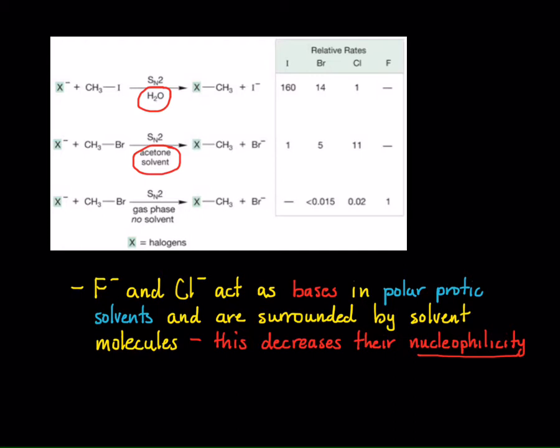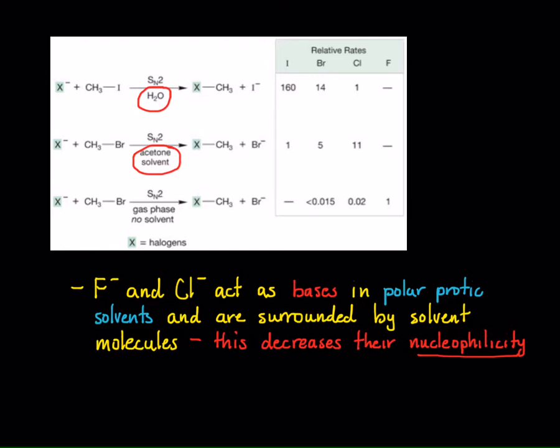Now, we can see that because when we change the solvent to acetone in that second reaction, where you have a polar solvent but it's not protic, then what happens? Basically, the reverse trend occurs, where now chloride is the better nucleophile. Again, fluoride isn't registered.